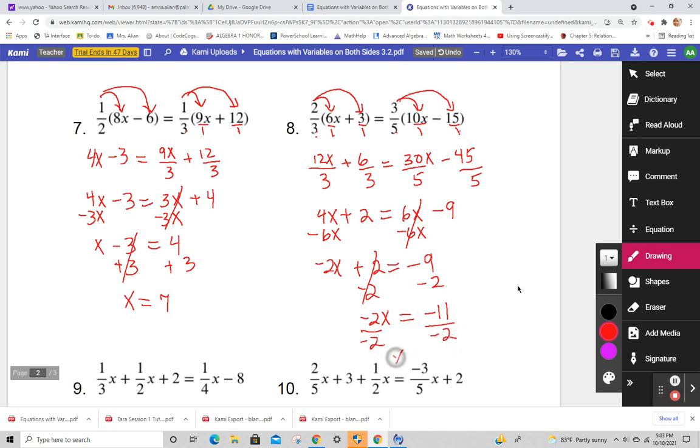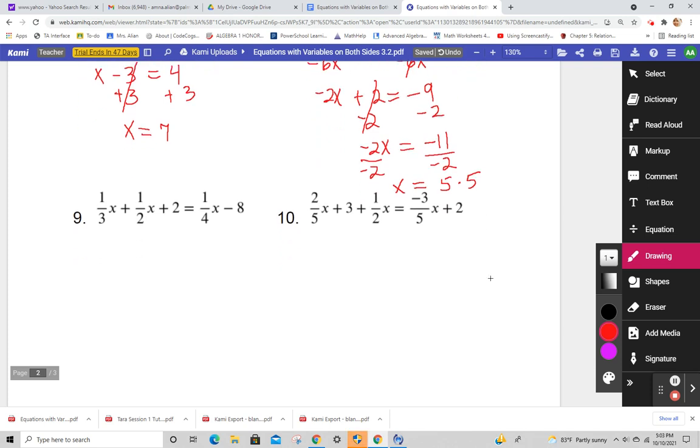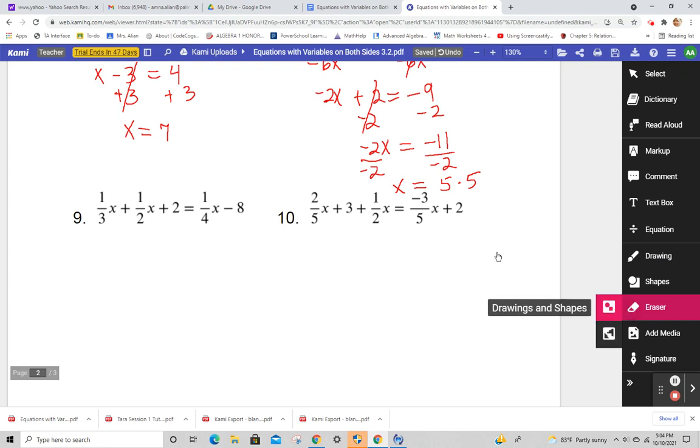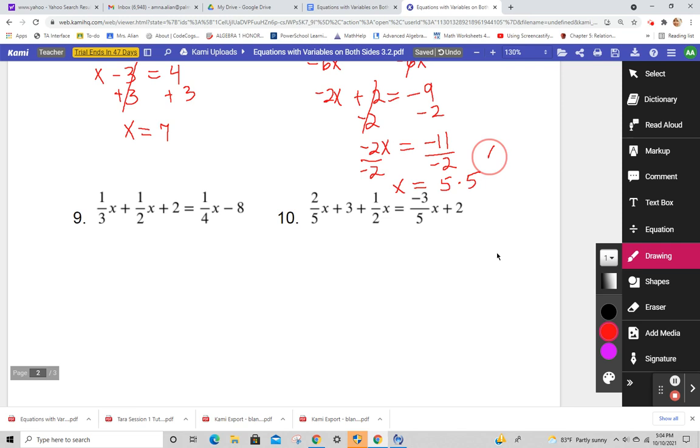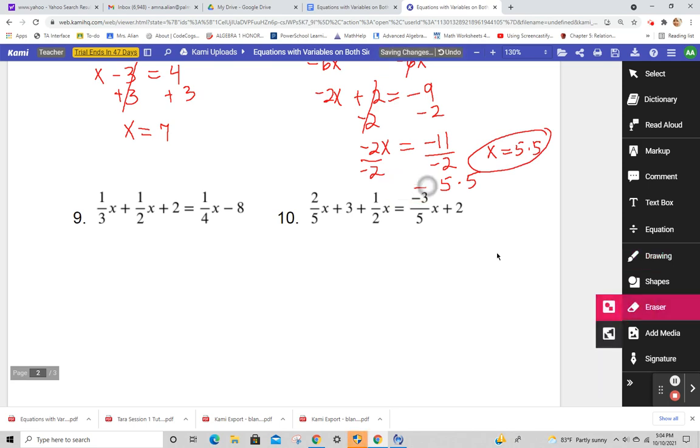This is SSP, so this will give us 5.5. Okay, I'm going to move this up here a little bit. So x equals 5.5. I'm going to put the answer here so when I am working on the next problem, all these things don't run into each other.